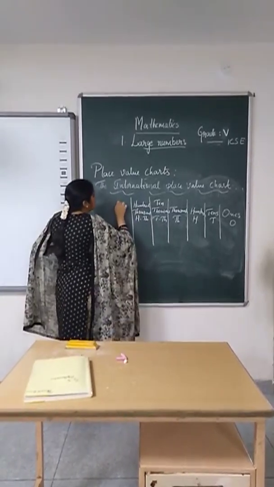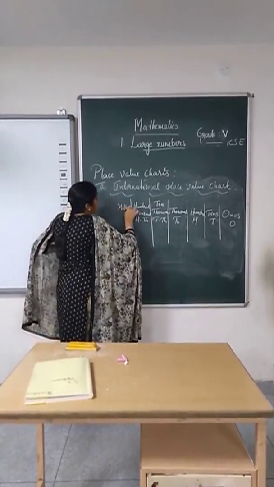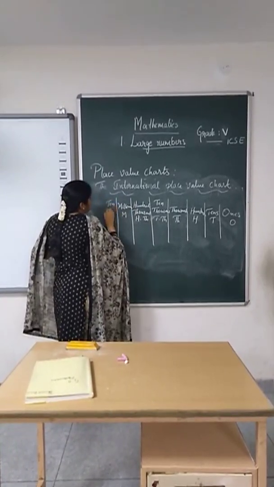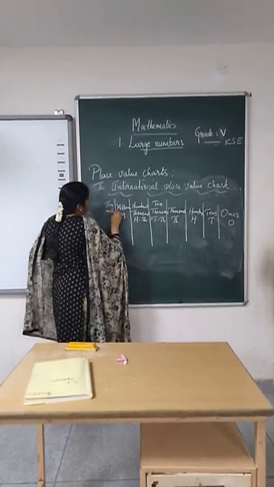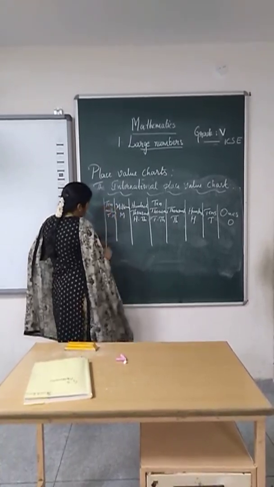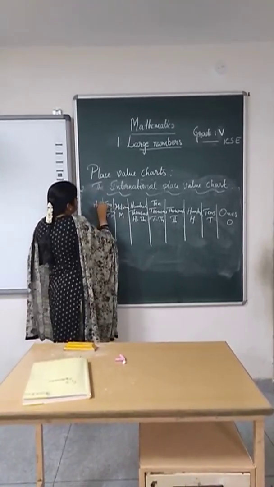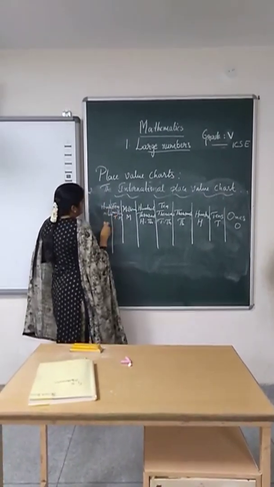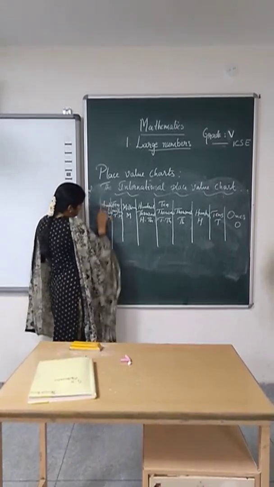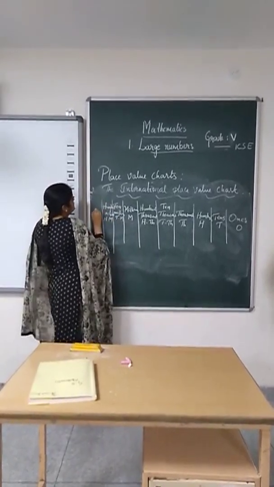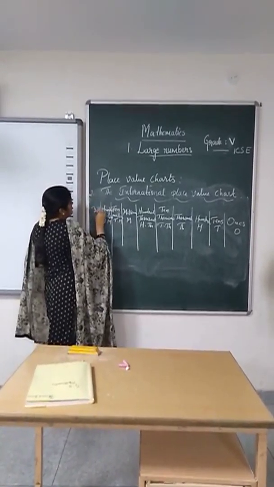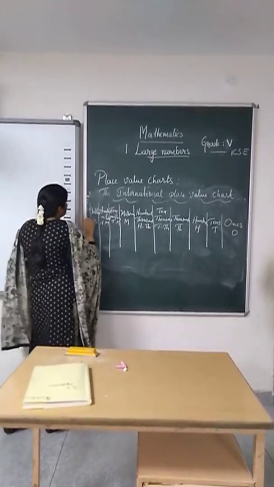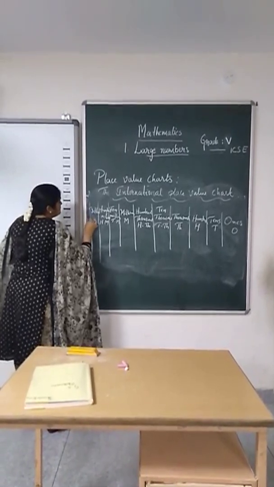Next comes the millions, M. 10 million, TM. 100 million, that is the HM. Here comes the billion, capital B. And then 10 billion.